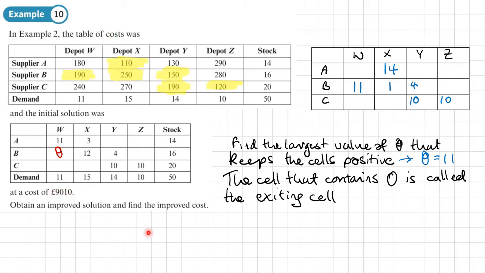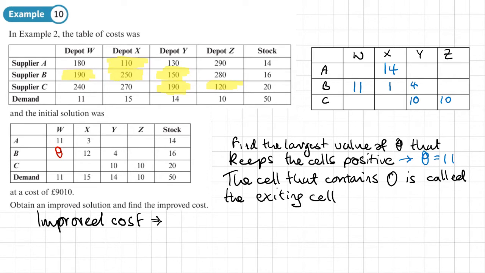So I've highlighted the cells of costs here that match up with the table, and now I'm going to work out what this new improved cost is. So I've got, let's do it here, improved cost. And if we've done it correctly, it should be a lower cost than the £9,010.